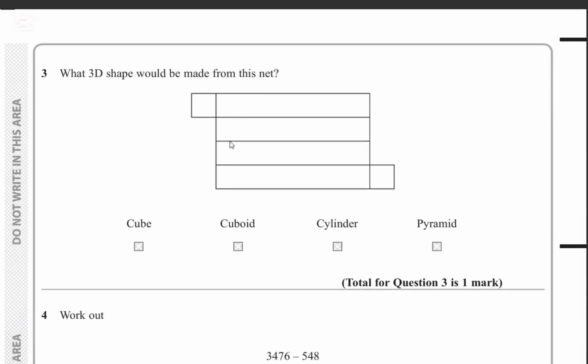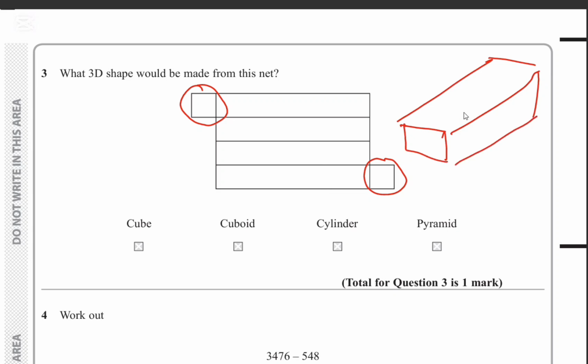Okay, now for this shape, guys, you can see clearly that it has one square and one square, and it has four rectangles, and this can actually be drawn like that. So this shape is called a cuboid. For a cube, all the faces must be the same. It should be like this, but there are no rectangles. They're all squares.